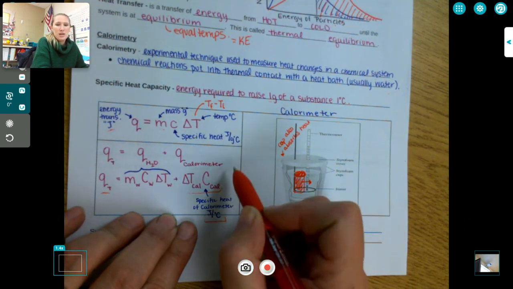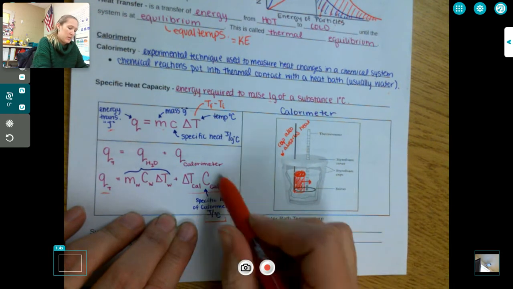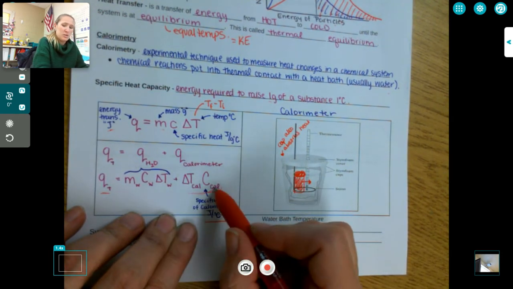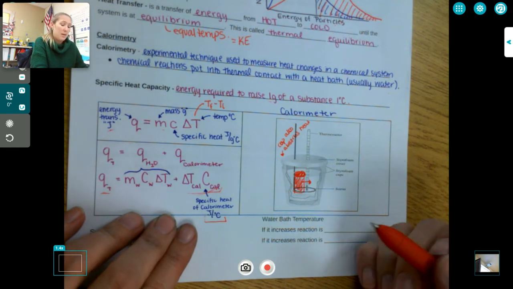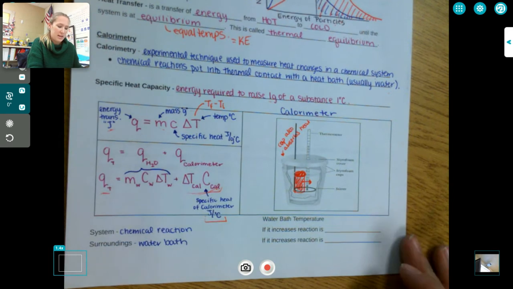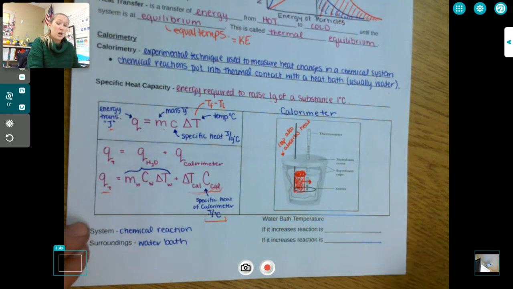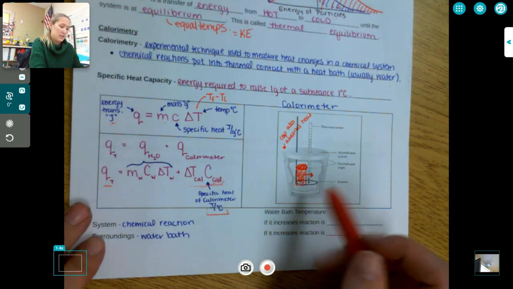And that makes sense because we don't want to have grams in here because we don't care about the mass of our calorimeter. So this is another factor that we'll have to add in when the information is given to us. Sometimes it's not, but most of the time we're told information about our calorimeter, so we need to factor that in. We can talk about our calorimeter as a system and surroundings.